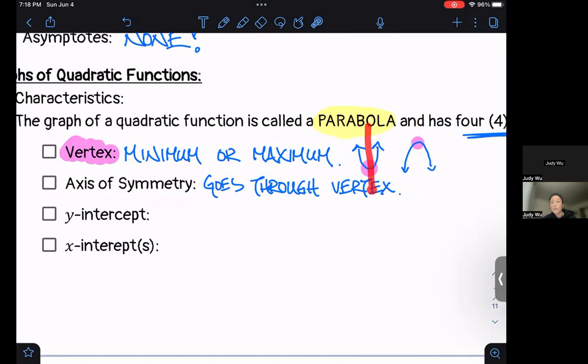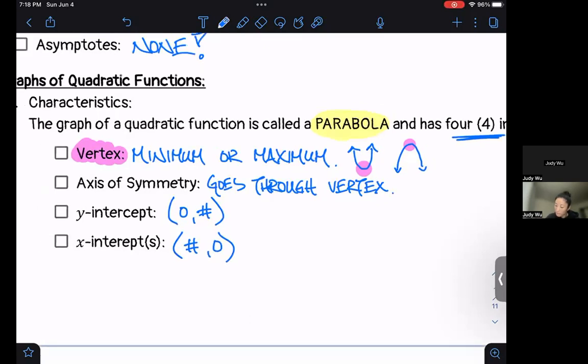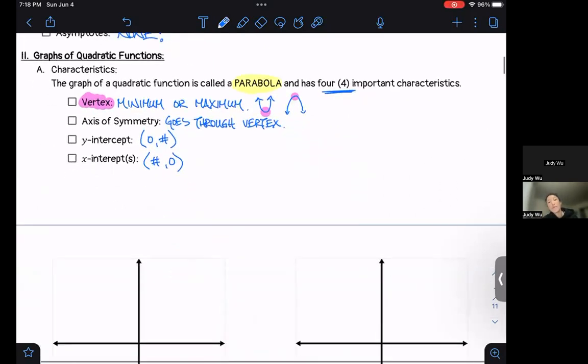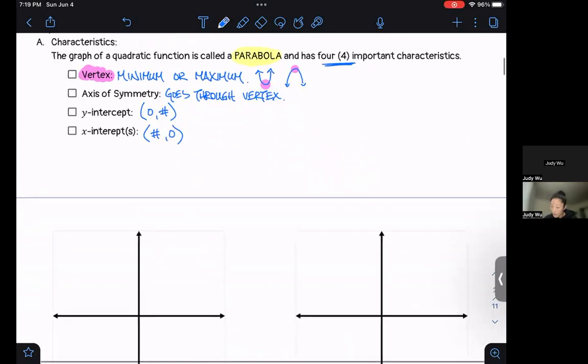We'll draw a bigger picture on the next page. The y-intercept is where x is 0, so 0, comma, a number, and the x-intercepts are going to be a number, comma, 0. We want to be able to find all 4 of these characteristics on any parabola.